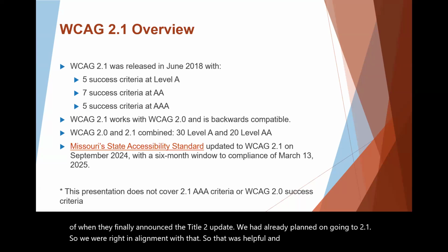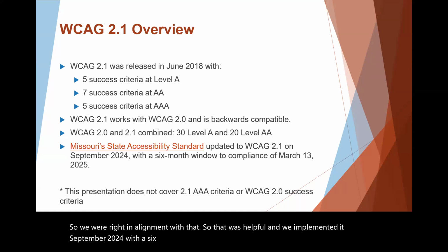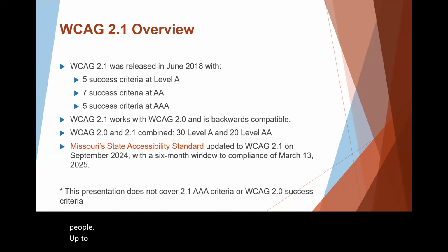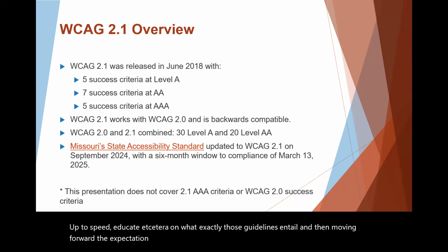And we implemented it September 2024 with a 6-month window, which would mean next month, to get people up to speed, educate, etc., on what exactly those guidelines entail. And then moving forward, the expectation is all of those new 12 are implemented in all of our testing processes.